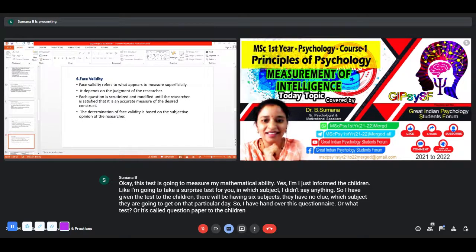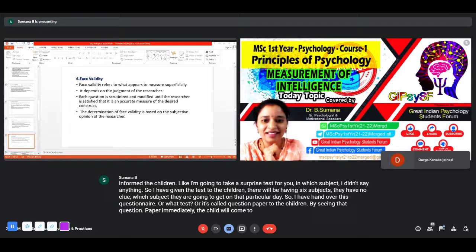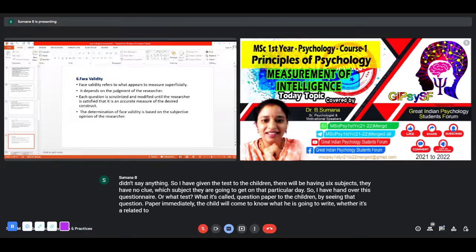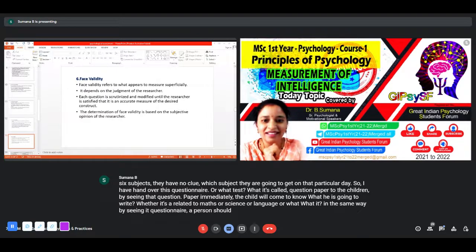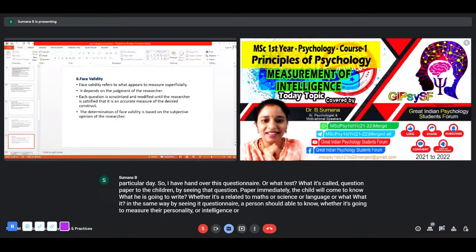By seeing that question paper, the child will immediately know what he is going to write, whether it's related to maths, science, or language. In the same way, by seeing a questionnaire, a person should be able to know whether it's going to measure their personality, intelligence, or attitude. That is known as face validity.